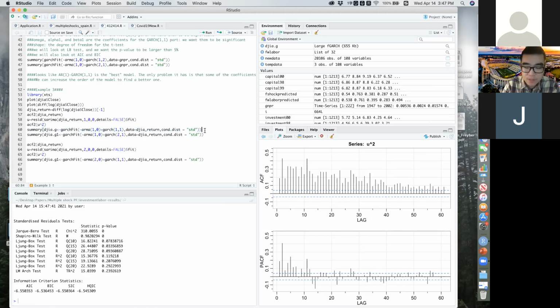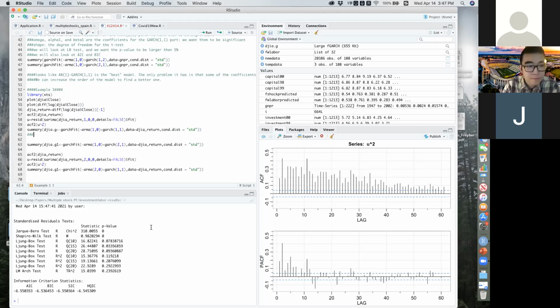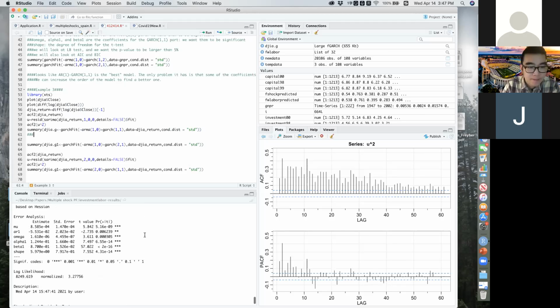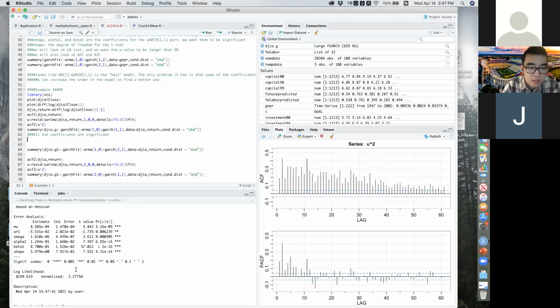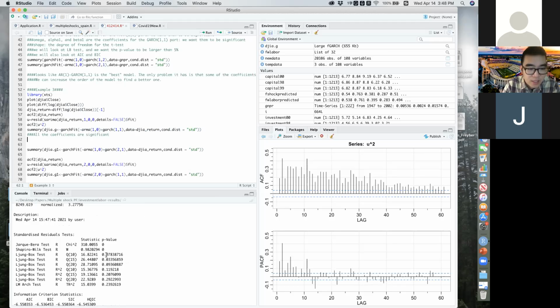Okay, so let's fit this model and see what we got. First notice that all the coefficients are significant, which is good. And second, let's check the residual test. It looks like only one of them is less than 5%, and all the others are larger than 5%, which is also not bad.